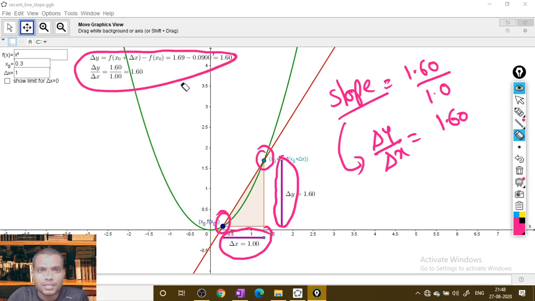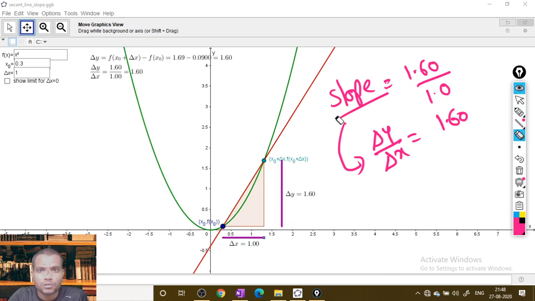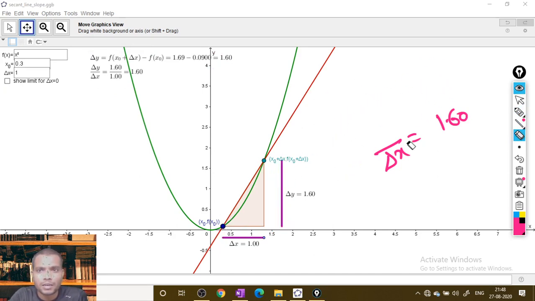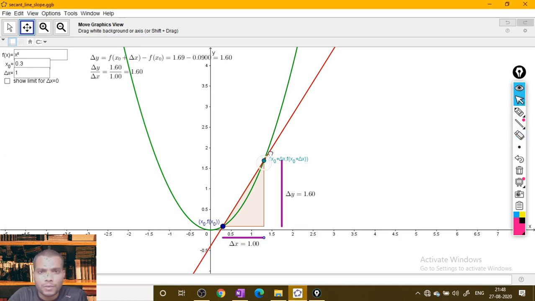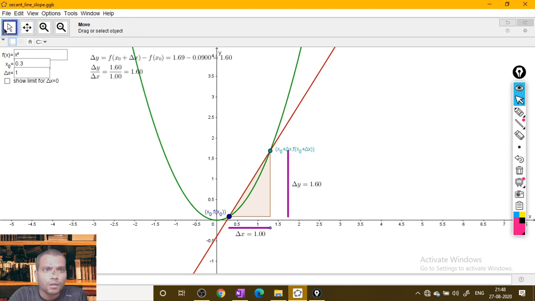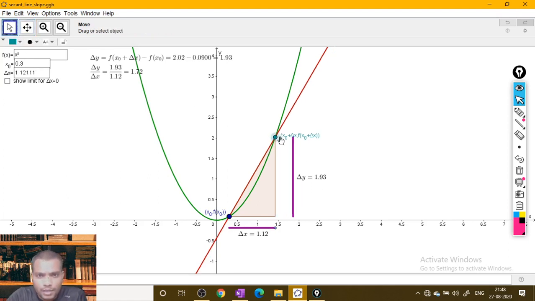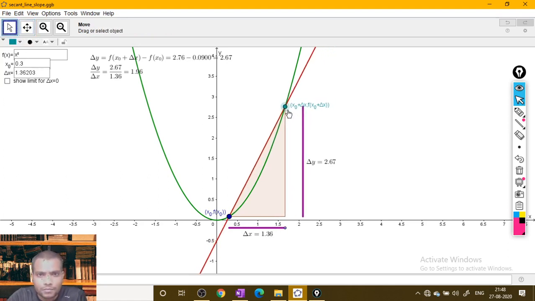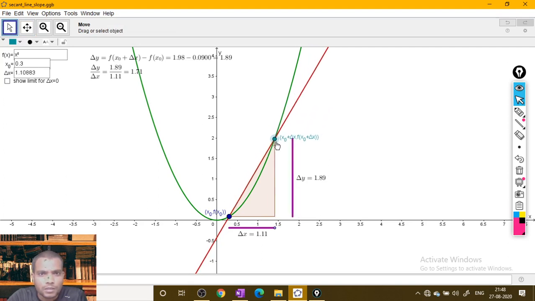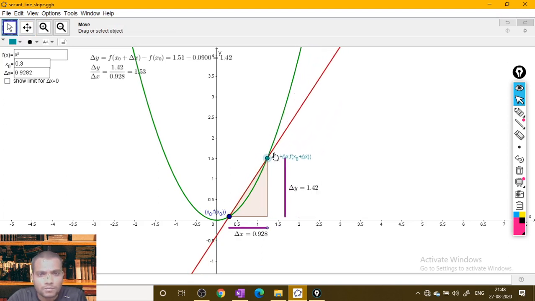If you closely observe, this function is calculated here. If I change the points in the graph, what happens? The slope already calculated changes. You can see the slope is changing.